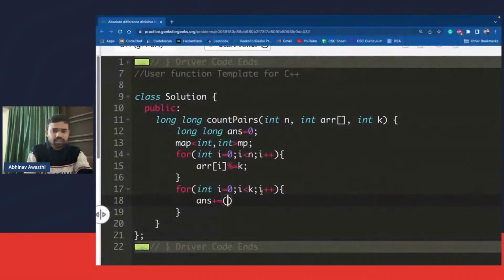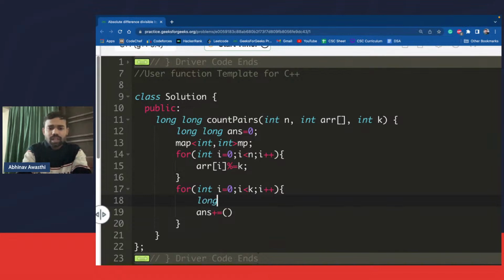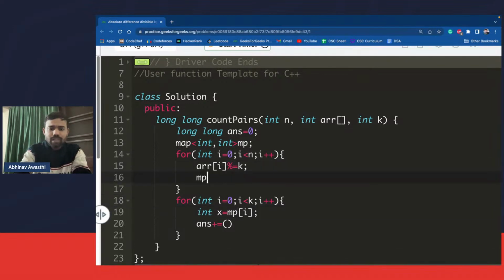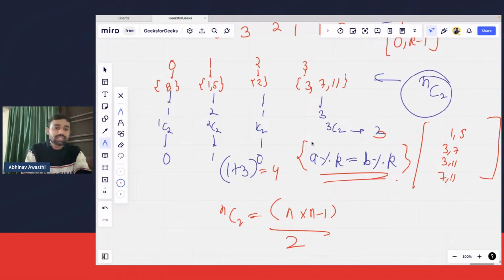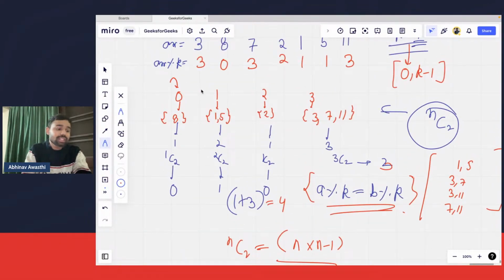If I break the formula of nC2, it is nothing but n into n minus 1 divided by 2. So we'll have int x, that's the value of it. Okay, we have missed one thing. We have to also count how many numbers are present, meaning how many numbers have mod k equal to 0. So that is the frequency: 1, 2, 3.